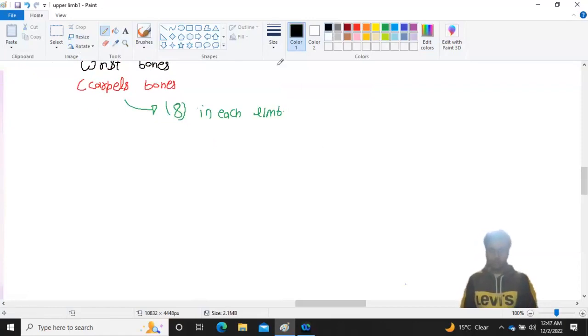So first, let's say this is one bone, this is radius bone, done.